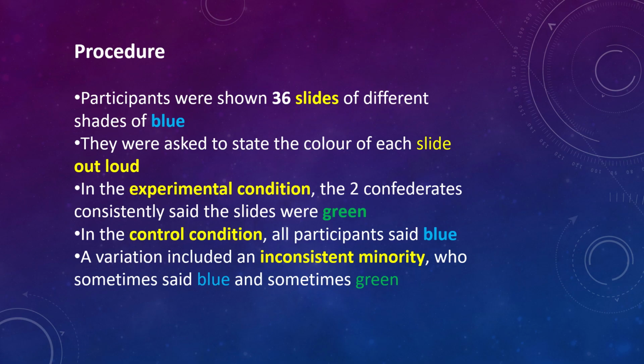He did this to see what will happen when the minority keeps switching between green and blue. That's called the variation. So first is the experimental condition, the next is the control condition, then the variation. This is how Moscovici conducted the experiment.